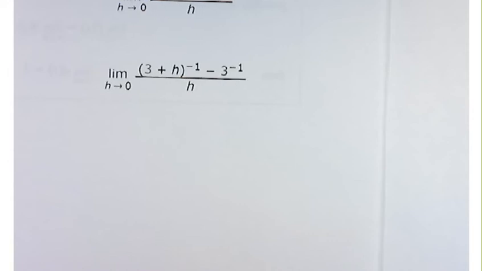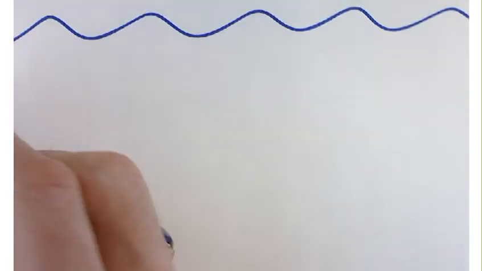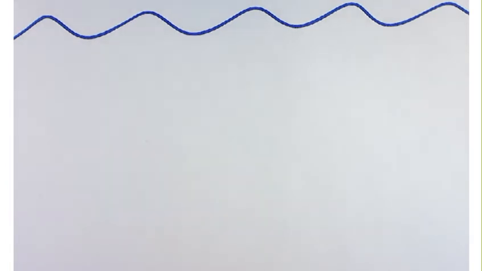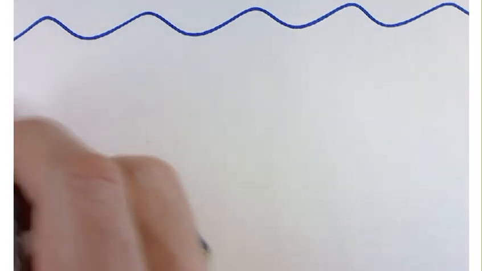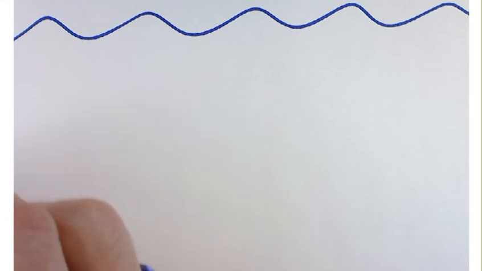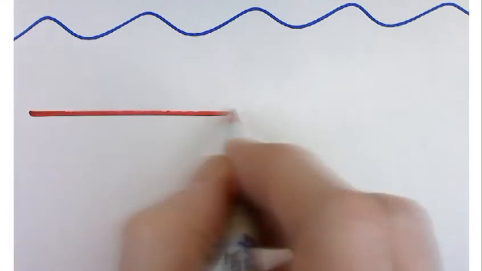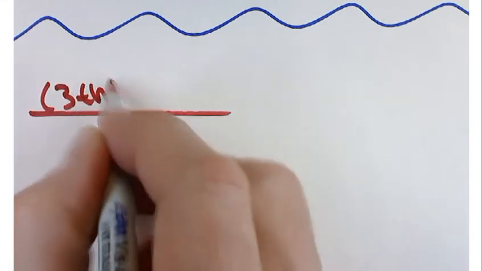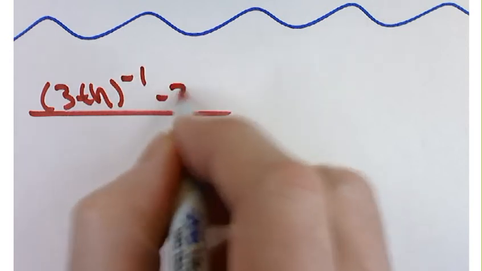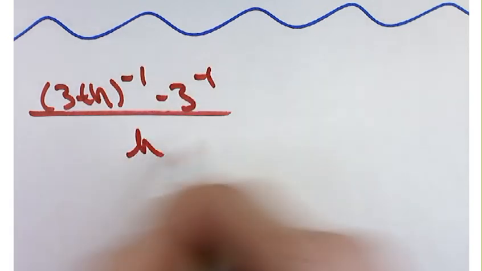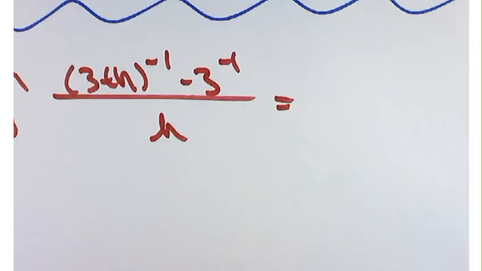3 plus h to the negative first minus 3 to the negative first over h. So kind of a tricky one in terms of really understanding what it's looking at. So let's do it. Limit as h approaches 0 of 3 plus h to the negative first power minus 3 to the negative first power over h.